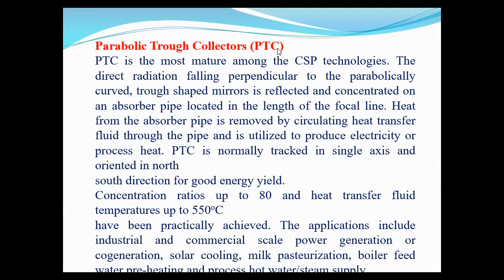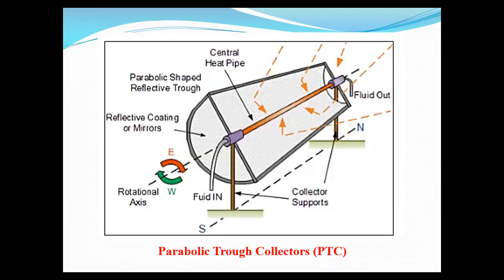The parabolic trough collector is called PTC. So this is a parabolic trough collector, which consists of a parabolic collector over which a reflecting surface is provided, and all solar radiation falling on this parabolic trough collector gets reflected onto this pipe, which is the pipe receiver, and it is coated with a black coating.